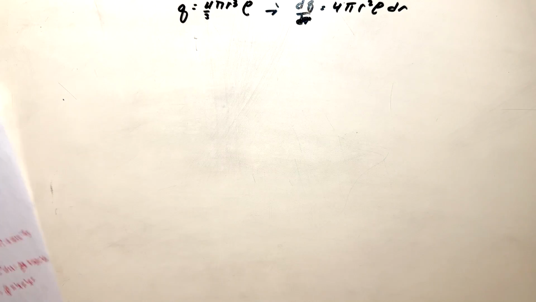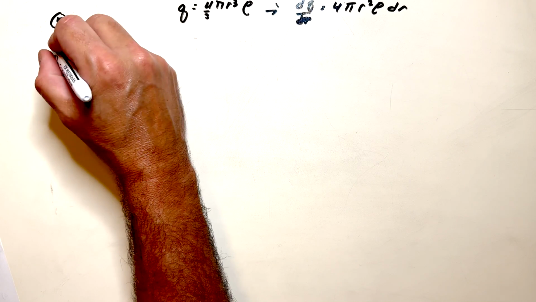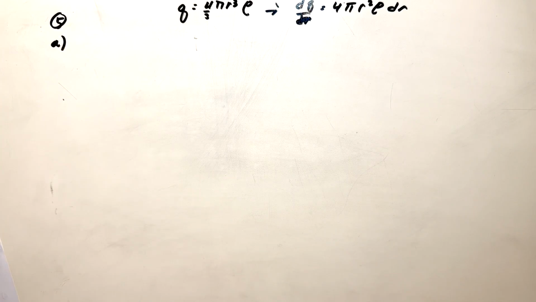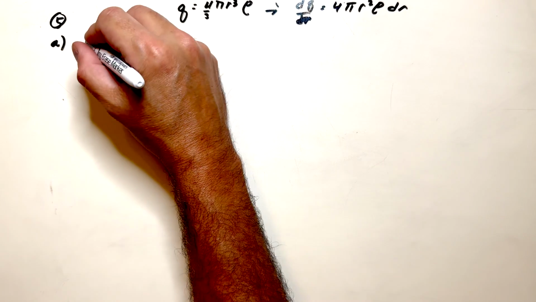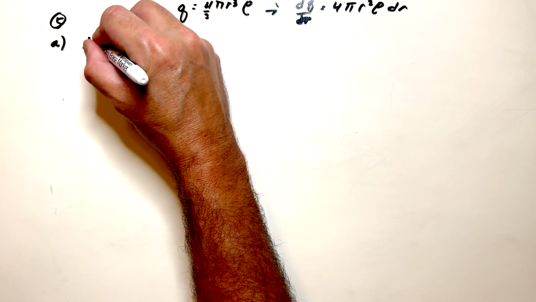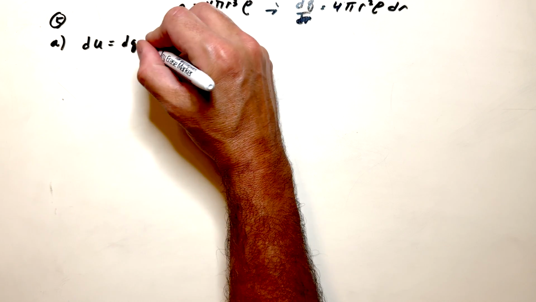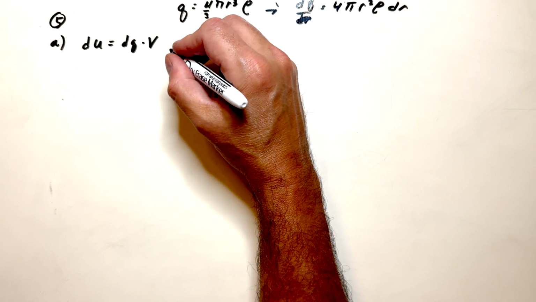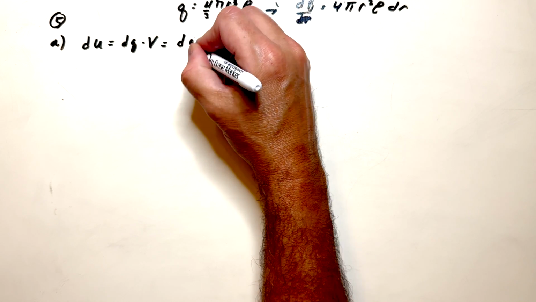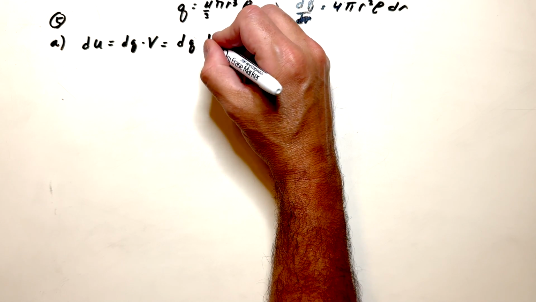So in part A, let's do the calculation. This is number 5, part A. All right, so dU, the small change in the potential energy, will be equal to dq times the potential V. And that's just dq times kq over r.